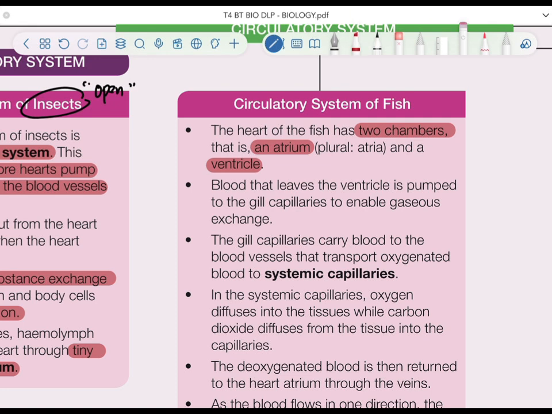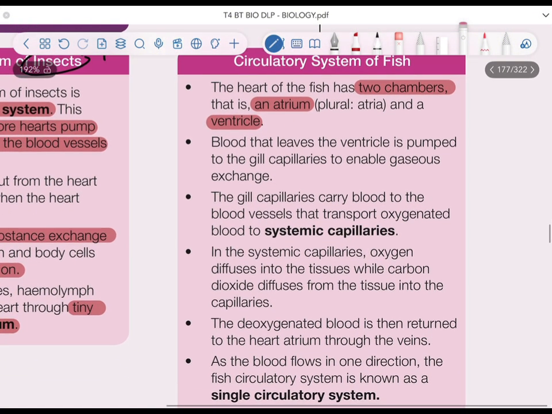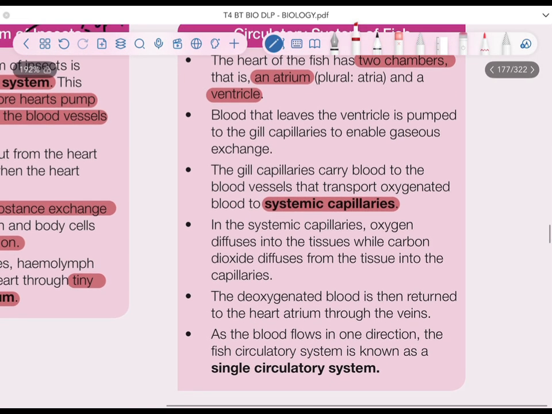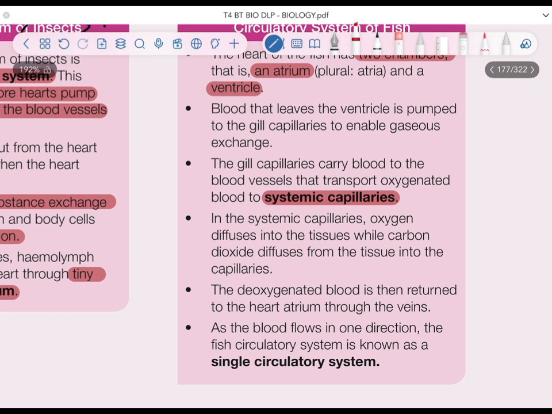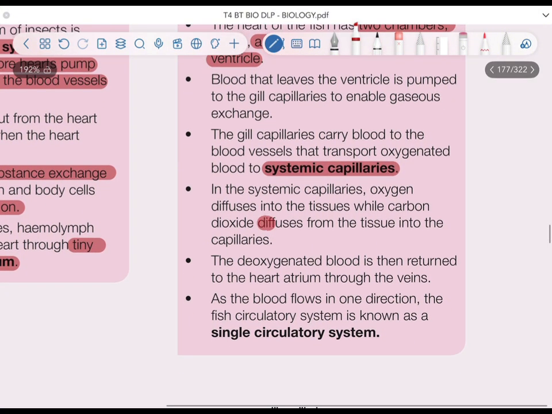The gill capillaries carry the blood to the blood vessels that transport the oxygenated blood to the systemic capillaries. Okay, we highlight these systemic capillaries. In the systemic capillaries, oxygen diffuses into the tissue, and carbon dioxide diffuses out from the tissue into the capillaries, and then the deoxygenated blood is returned to the heart atrium through the veins.